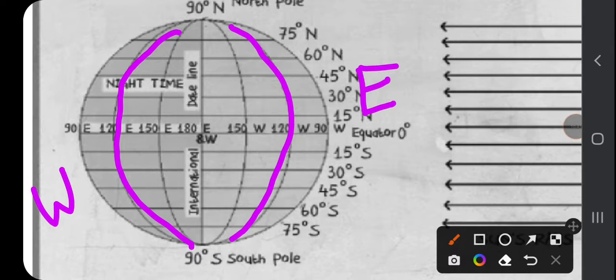so if sunlight is falling here, all the countries in this longitude will have day, and sunlight is not able to reach the other hemisphere at the same time. This place will receive night.